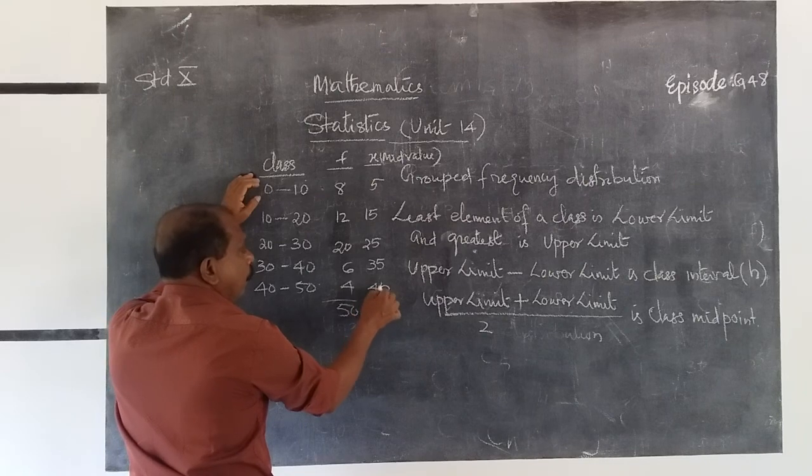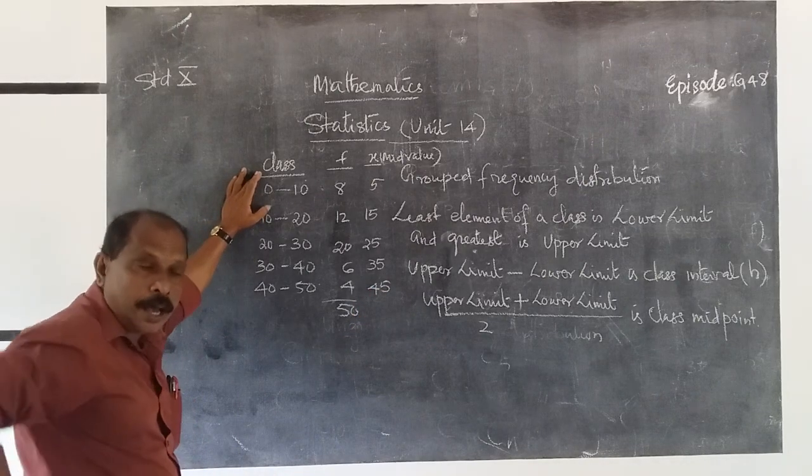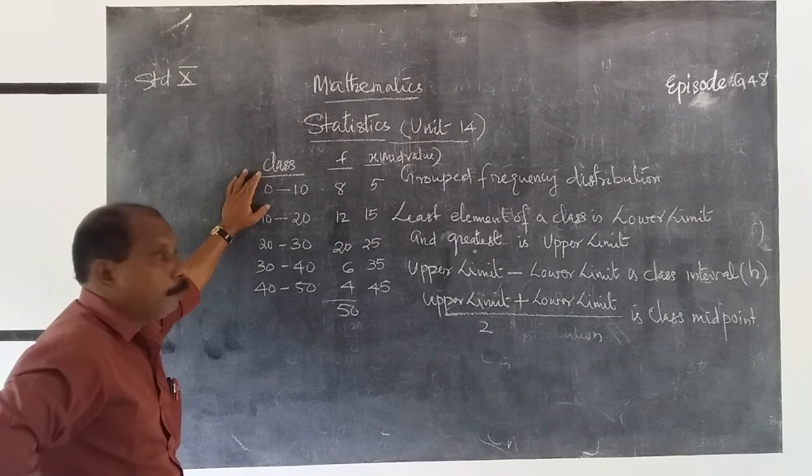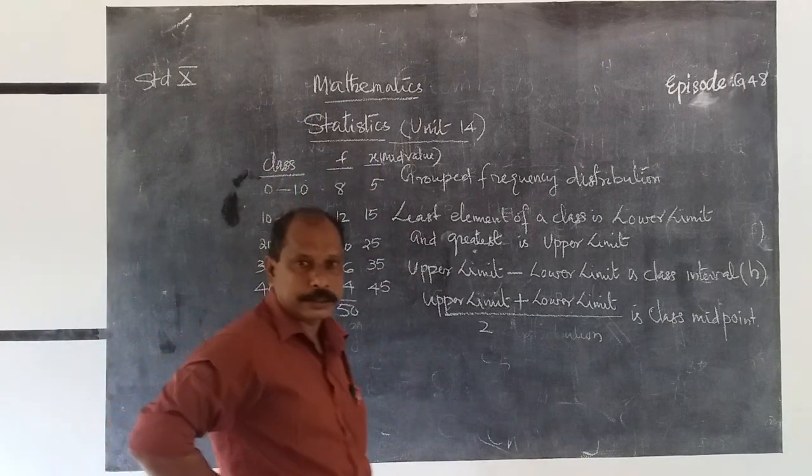This is the midpoint. That means for each class, we get the midpoint, that is lower limit plus upper limit by 2, the mid value.